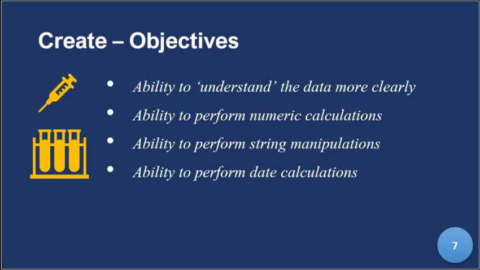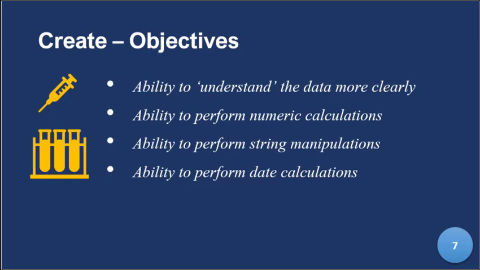Some data comes with dates that you cannot use for date processing. For example, you want to know the distance between the end date and the start date, but they come in strings. So you cannot do analysis until the data has been transformed into a form that can give you information. So I'll take that again. Data has to be transformed into a form that can give you information. So that's the goal.